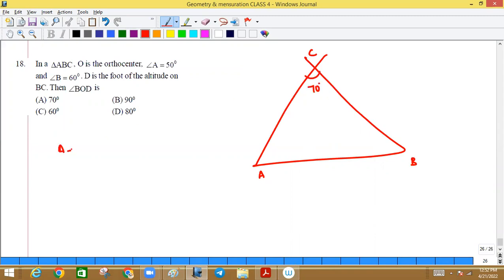Because A is equal to 50 and angle B is equal to 60, angle C becomes 180 minus 110. Now he's asking you BOD, and D is the foot of the altitude on BC. Right? So what is BOD?